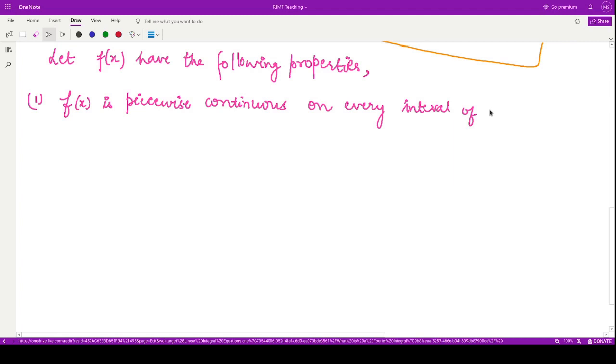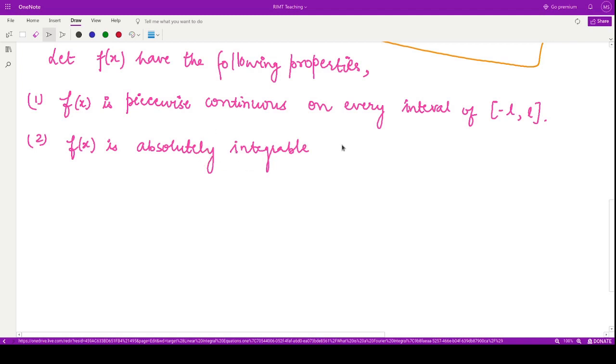closed interval from minus L to L, where L is any arbitrary number. So it should be piecewise continuous in every interval. The second condition is that it should be absolutely integrable. Now what does it mean? It means the absolute value of the function could be integrated.